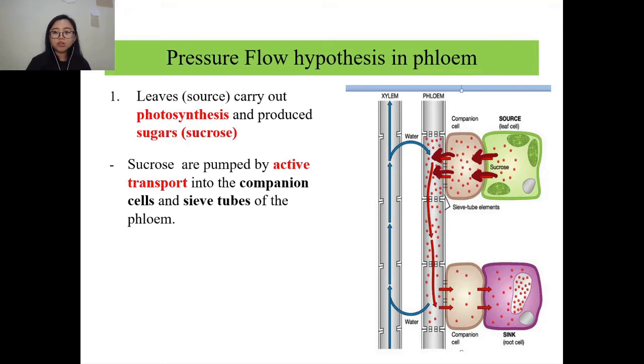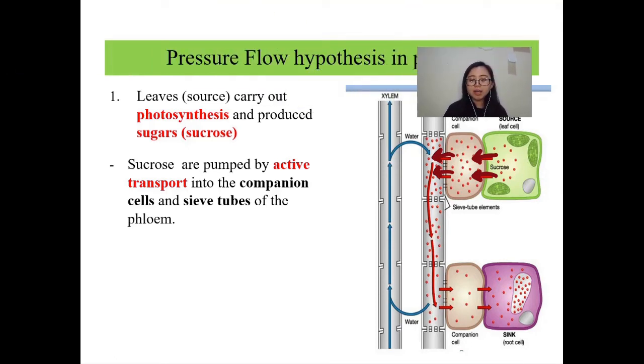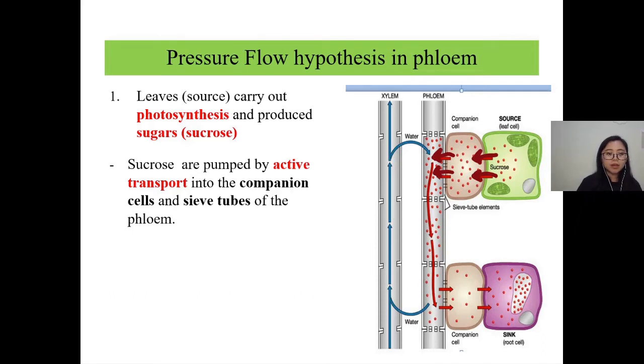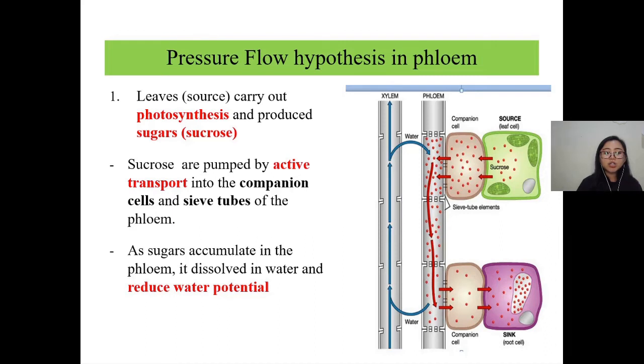Okay, so you try to follow the arrows that I have in my animation over here. Sucrose will be pumped by active transport into the companion cells and then the sieve tube of the phloem. From there, sugars will accumulate in the phloem. It will be dissolved in water and then reduce the water potential in the phloem.